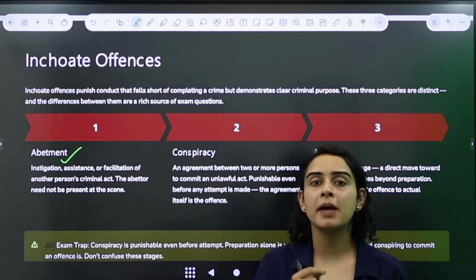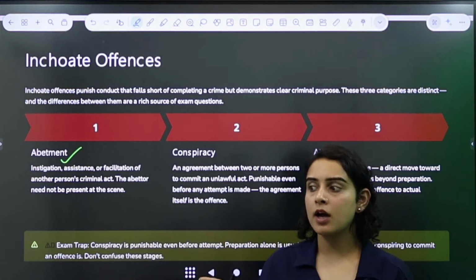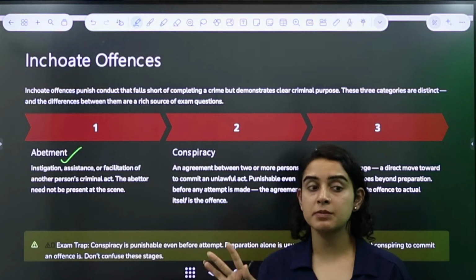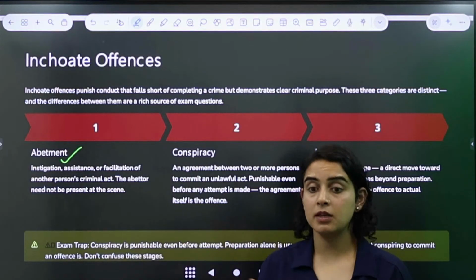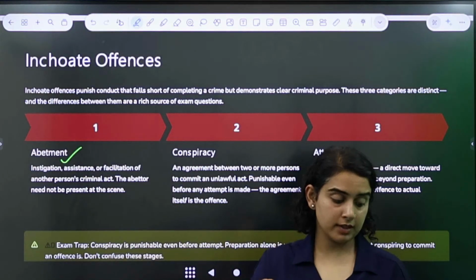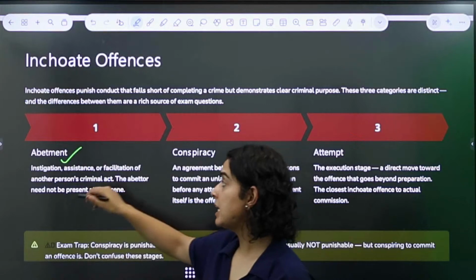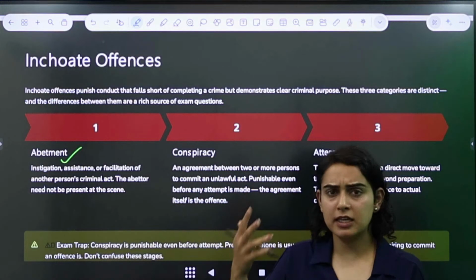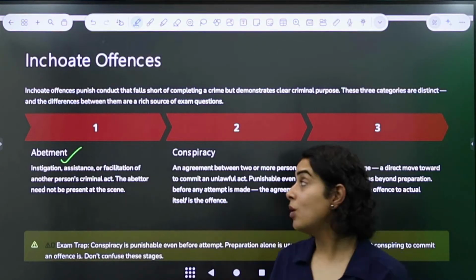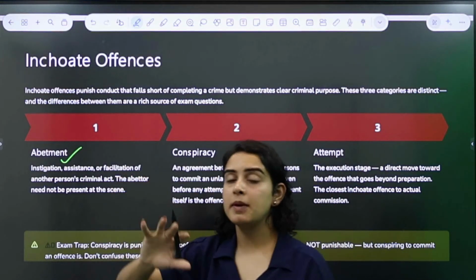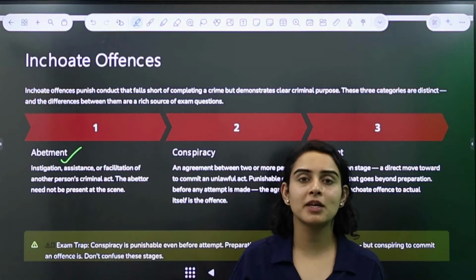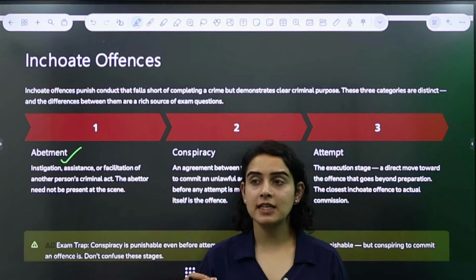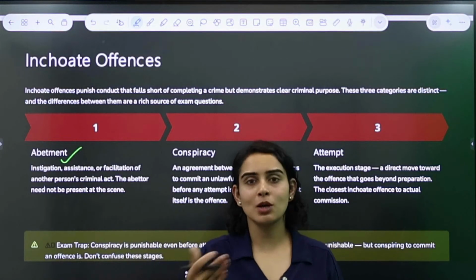So abetment is also punishable. If you are abetting a crime, you are pushing someone else, saying okay, you should definitely do this, you should kill that person, you should commit a theft maybe, right? When you are instigating someone or helping them to do something mentally or in action, that is called abetment. In abetment, you are not the one who's actually committing the crime, you're just the one motivating the other person to commit the crime.